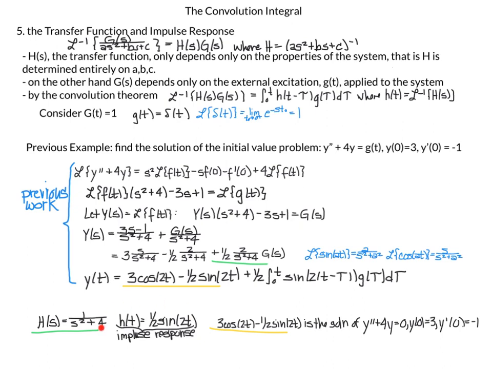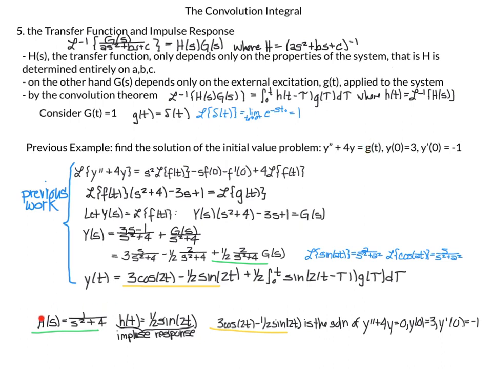And remember, it's the impulse response because H of s is our transfer function that we get when we assume capital G of s is equal to 1, which means the inverse Laplace transform of G of s would equal the Dirac delta function, which makes little g of t the Dirac delta function, which is a unit impulse.